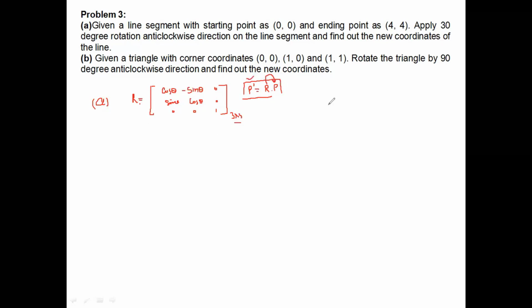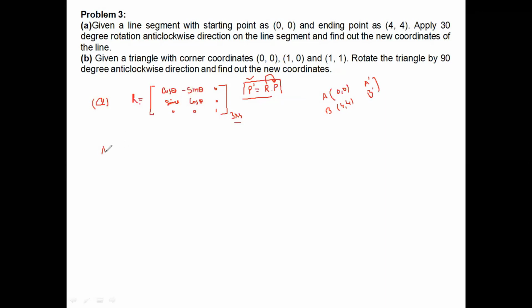So let's say the line has point A, that is 0 0, and point B is given as 4 4. Simply we have to calculate A dash and B dash, the new points after rotation.